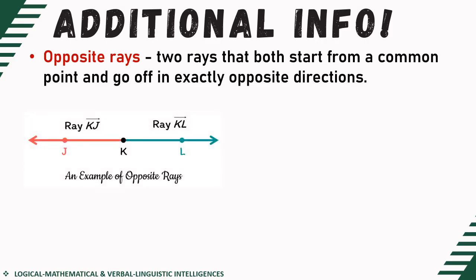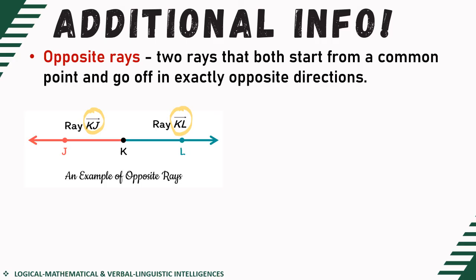So, how about opposite rays? Here, an example is ray KJ and ray KL. Again, we can simply use this name to indicate a ray.